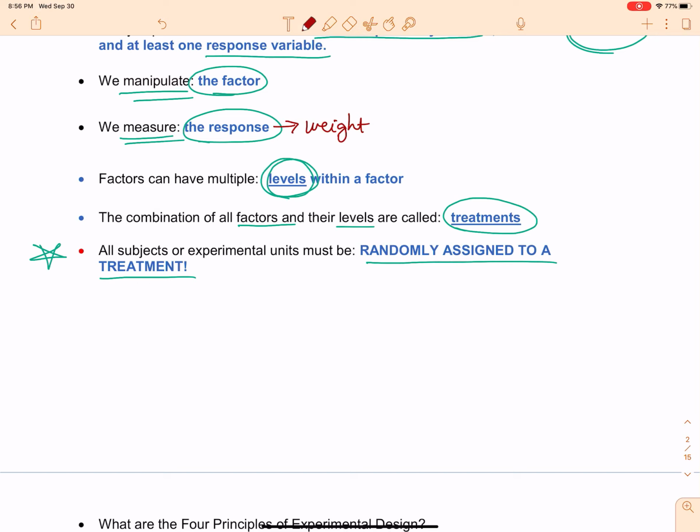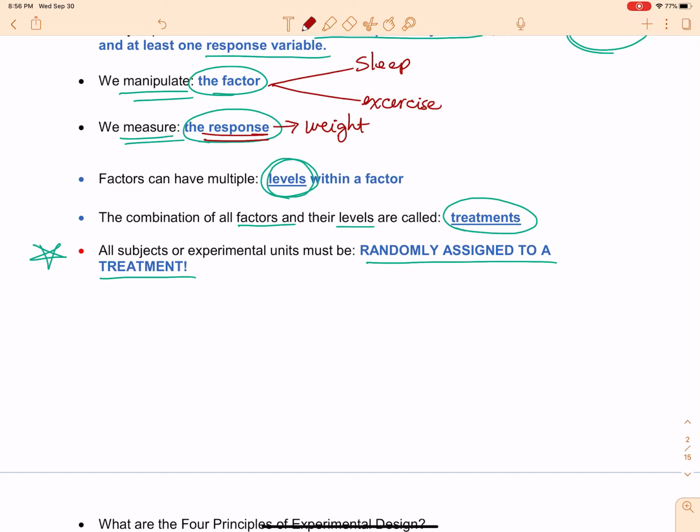If I want to look at sleep and exercise, then my factors are going to be sleep and exercise. These are the things I'm manipulating to see what the response will be. In other words, I am going to be manipulating my volunteers in how many hours of sleep they get and what kind of exercise they're getting.